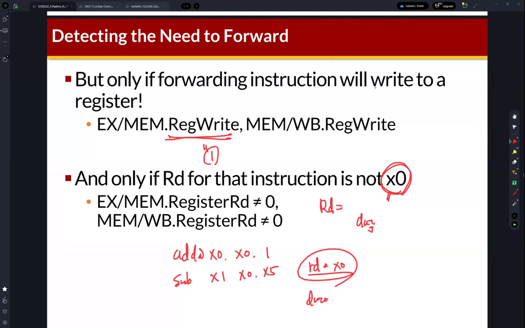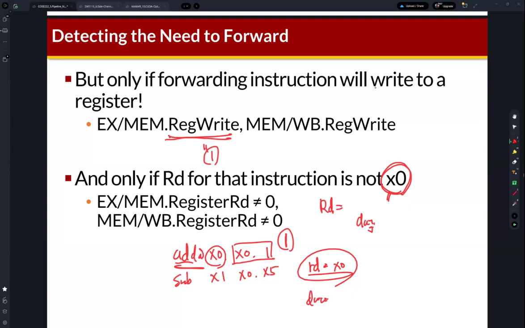So actually, the ALU will generate the 1 as the result of this add instruction, and because this is the add instruction, RegWrite is 1, but the target register is x0.